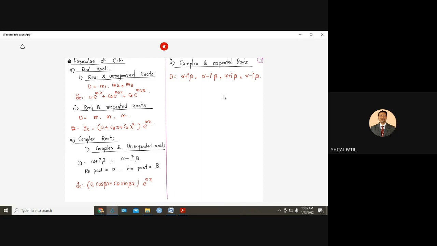So how many roots are there? 4 roots are there. And therefore, the complementary function is like this. y of c equals c1 plus c2x into cos of beta x plus c3 plus c4x into sine of beta x, into e raised to alpha x.